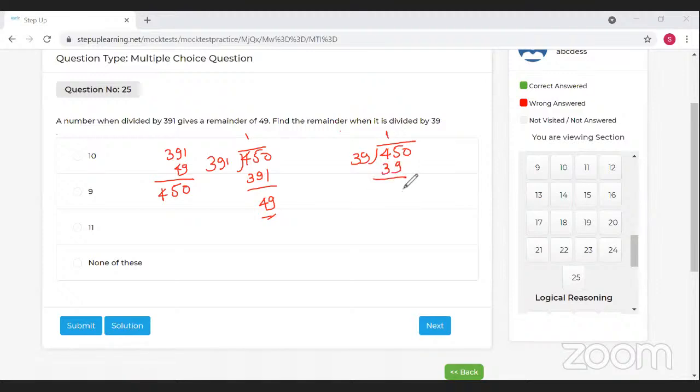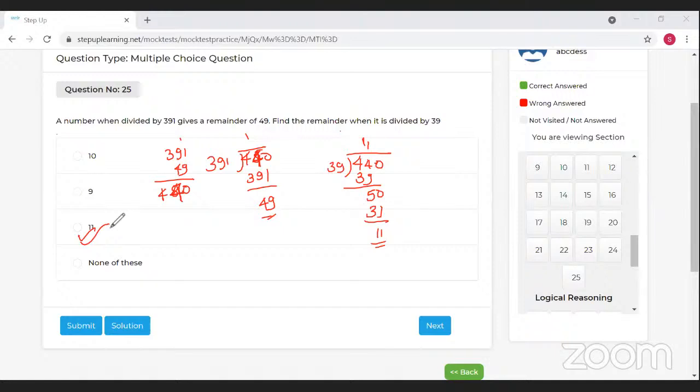Sorry, what mistake am I making? I have to write 440 here, right? So 440 divided by 39. 14 minus 9 is 5, 51, 39. 11 is your answer.